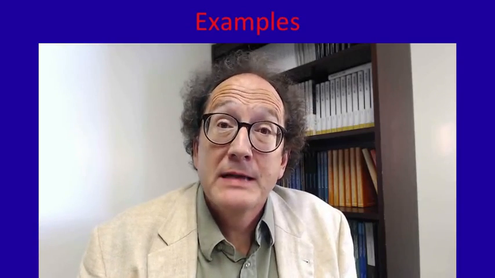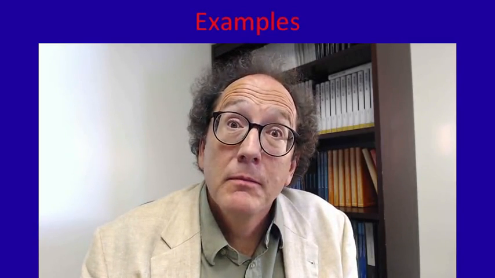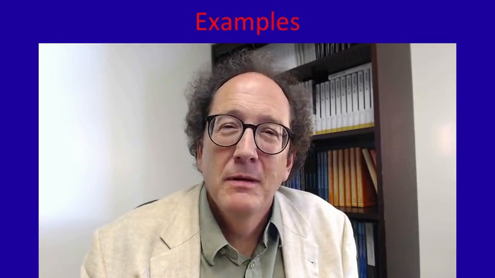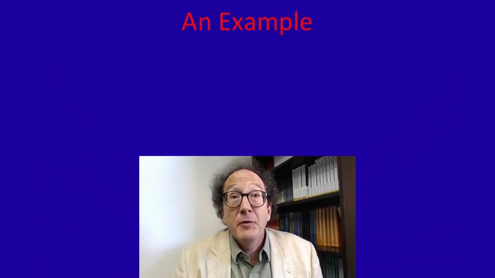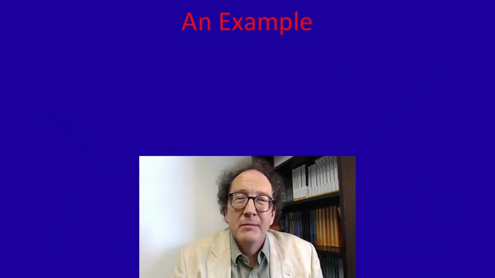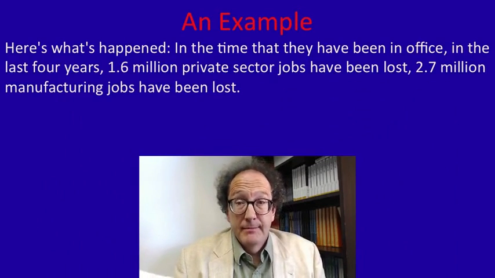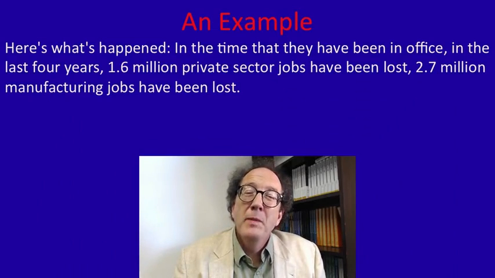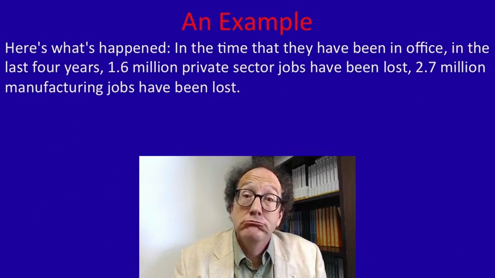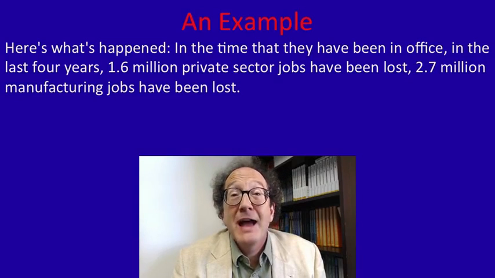Yet another example of excess verbiage is, well, examples. Here's an example of that. A different politician in the same debate said this: here's what happened. In the last 4 years, 1.6 million private sector jobs have been lost. 2.7 million manufacturing jobs have been lost.